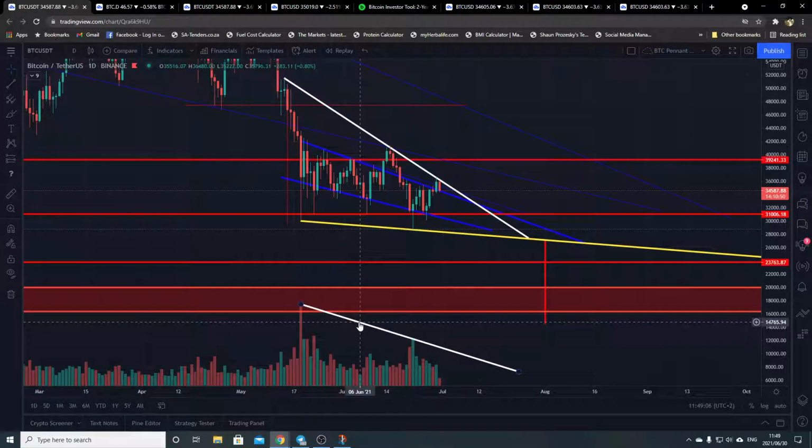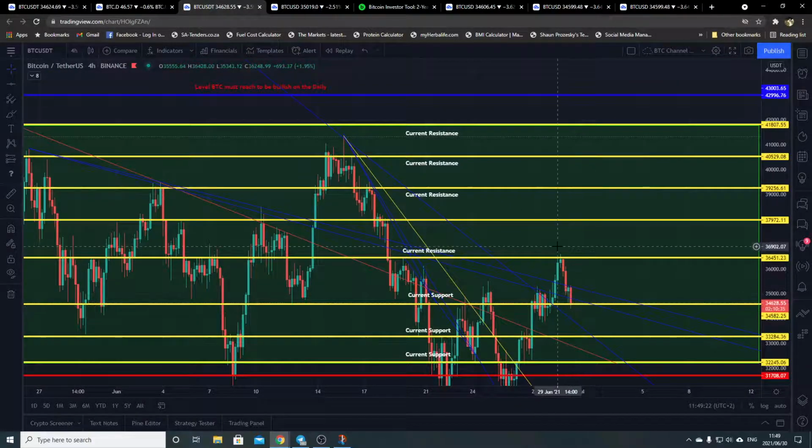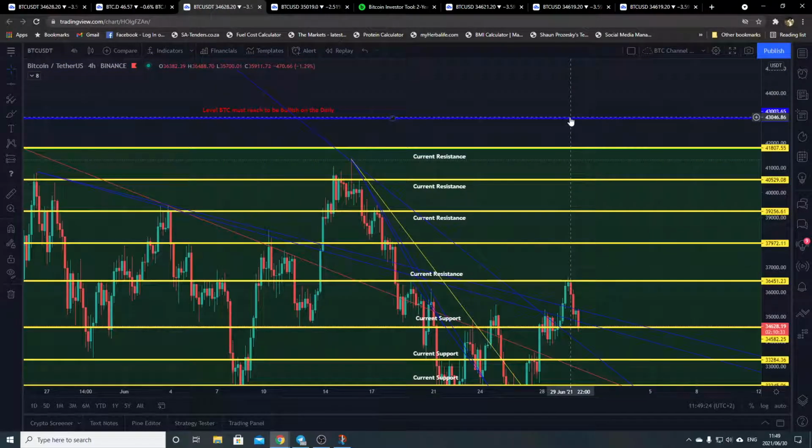This is a simple way of trading, a simple way of looking at things. This is what you need to do in terms of looking forward for the Bitcoin price. So let's be cautious of this. Remember the 43K mark, the 200 MA on the daily, guys.